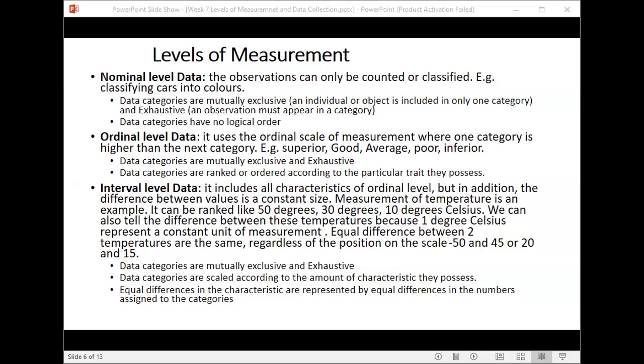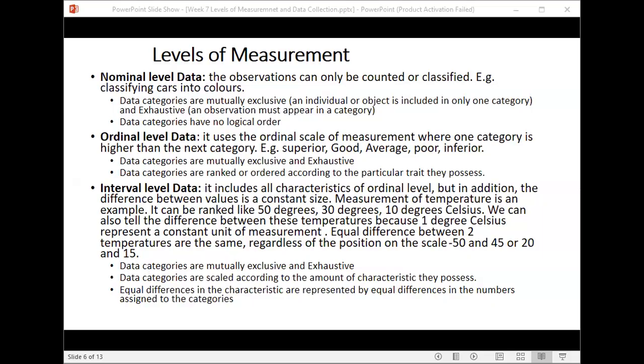Level 300, or the third one, is also higher than the second and obviously the first one. So it means that it has all the characteristics of the second one, which obviously has all the characteristics of the first one, but it has something else that makes it superior. And that is the reason why we have ranked it on a higher scale than the ordinal and then the nominal.